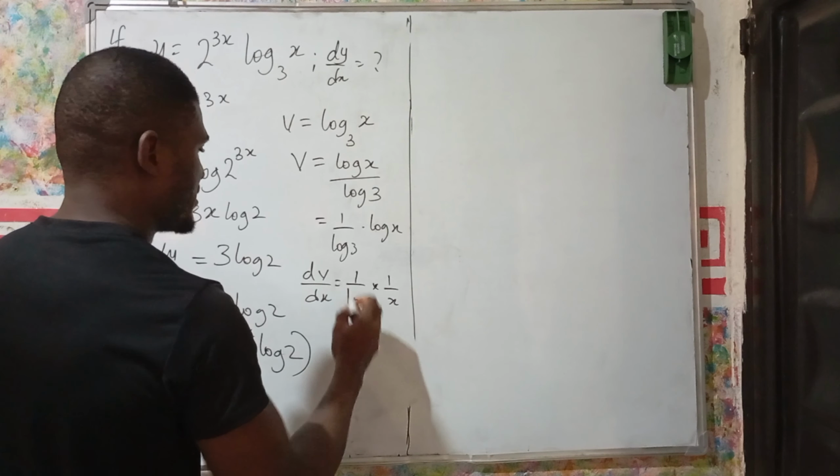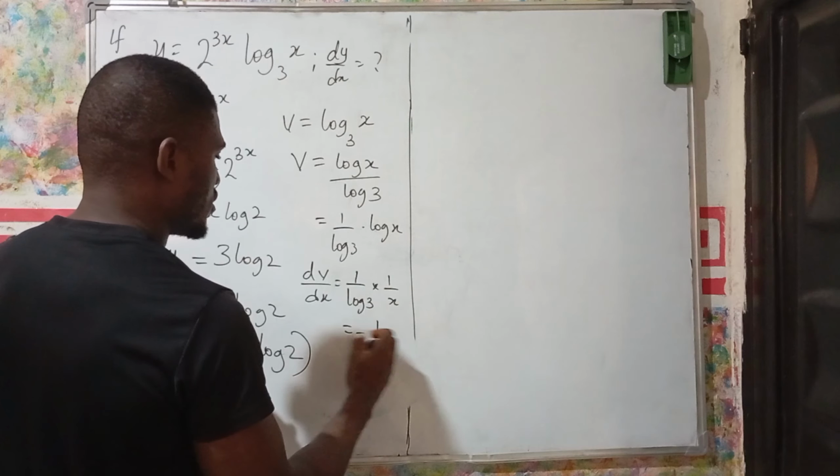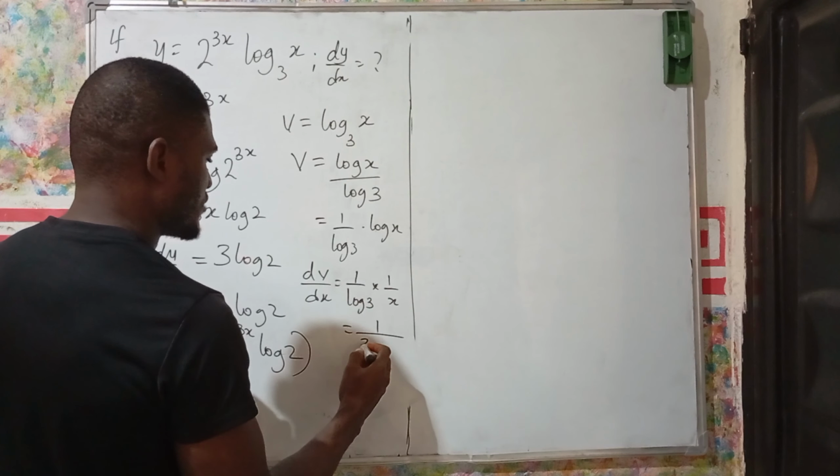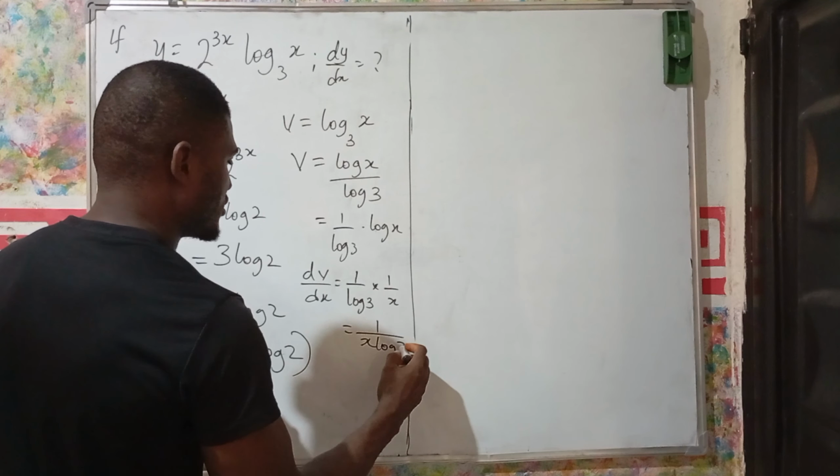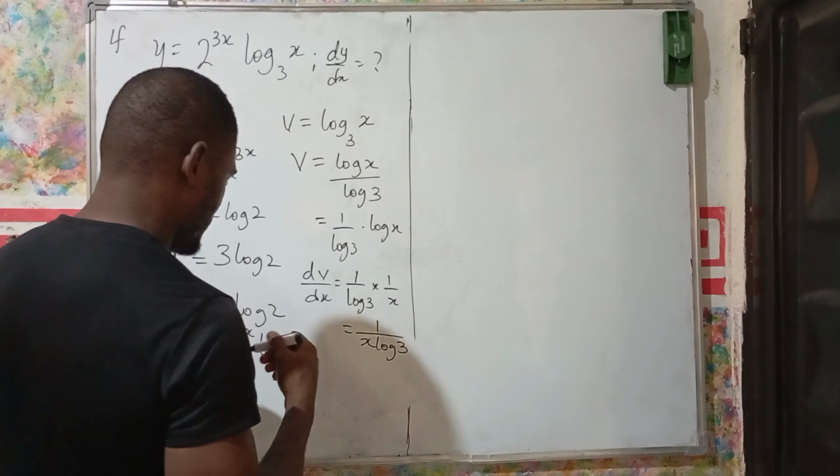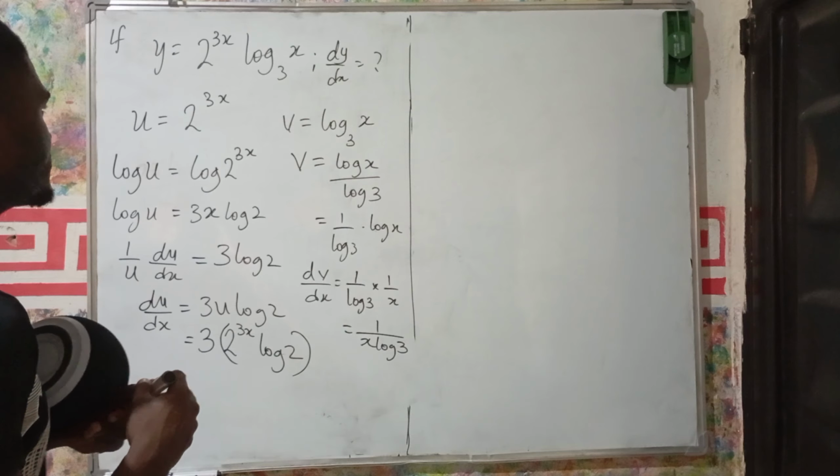A better way to write this would be 1 times 1 is 1, and we need to write the denominator as x log 3. Please don't multiply the x to 3, because this 3 here is protected by this log. We can't multiply anything directly to it, so I write x behind. So dv/dx is 1 over x log 3.